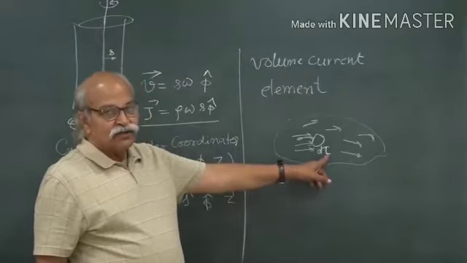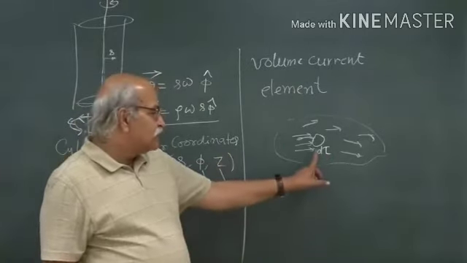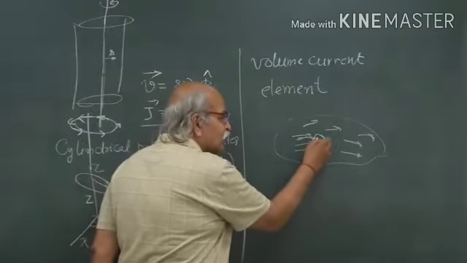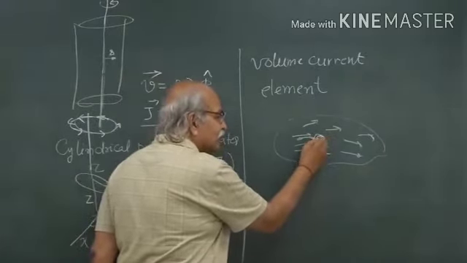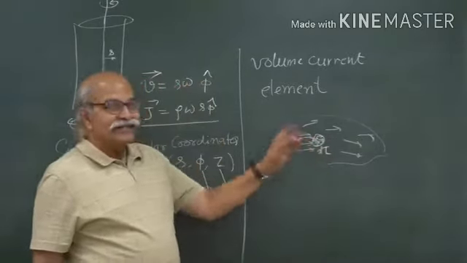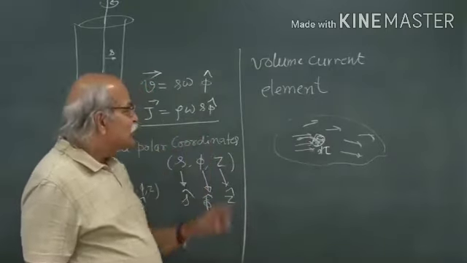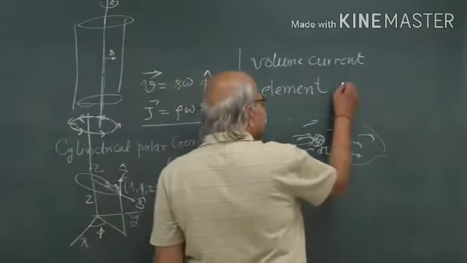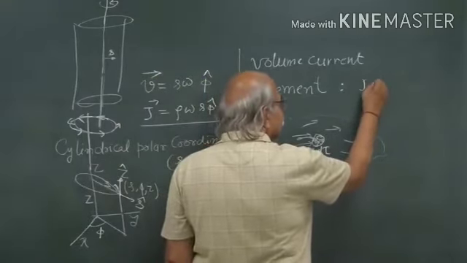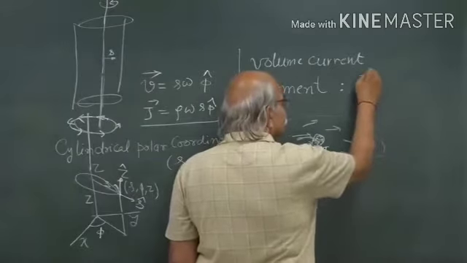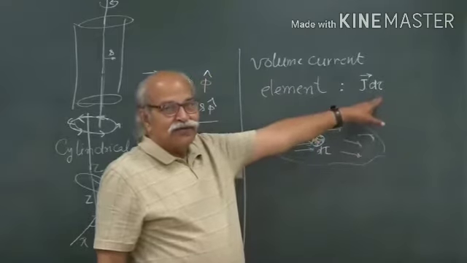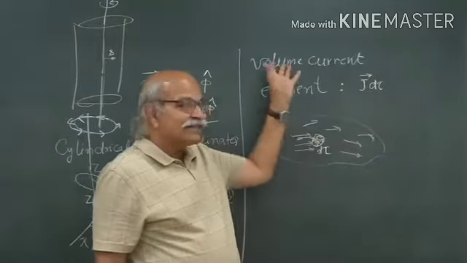So, whenever we talk about small volumes, our symbol will be d tau. How much current is in this particular volume is known as the volume current element, and that is J d tau, the volume current density multiplied by that small volume. So, that is our current element.